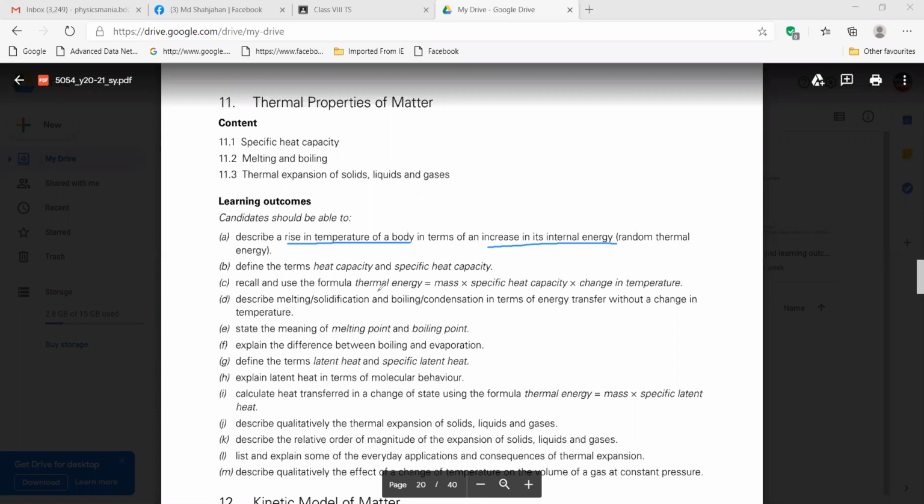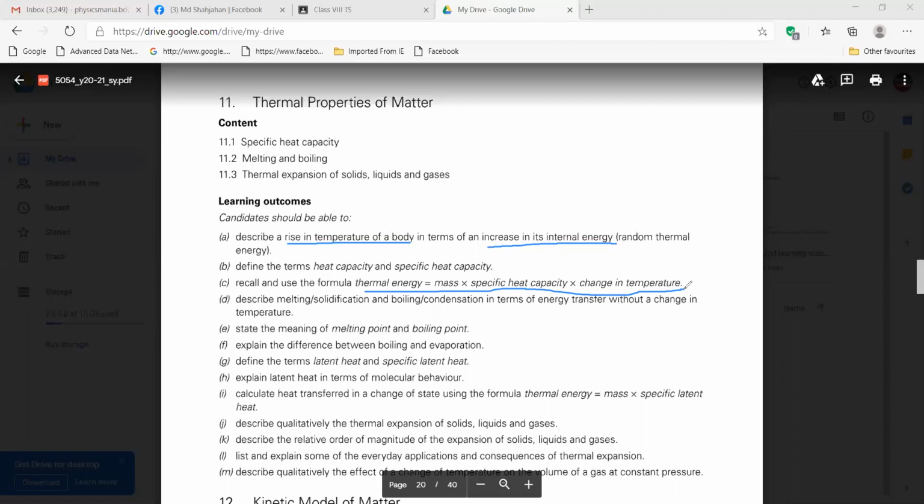Look, you got this formula, right? Yes, sir. In your copy, it's thermal energy by changing temperature. Heat capacity equals thermal energy by changing temperature.